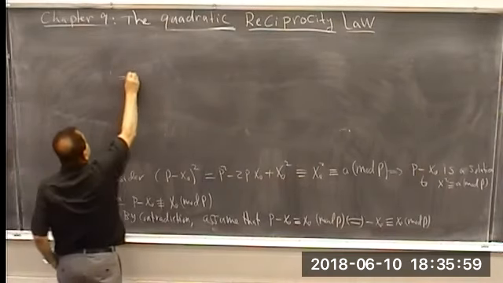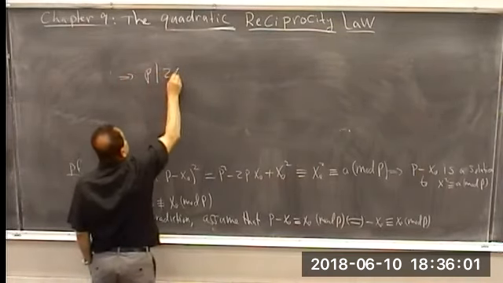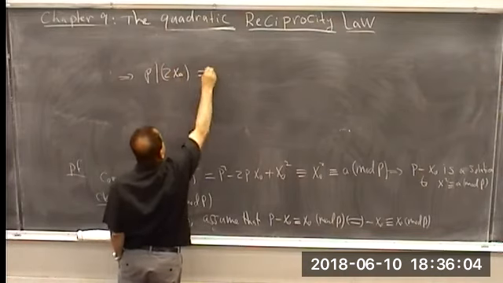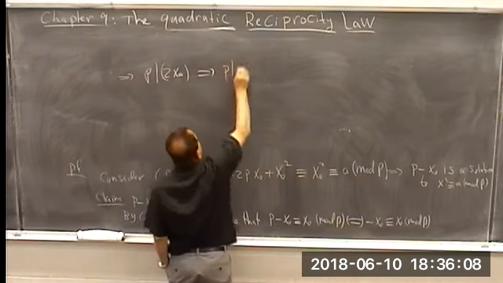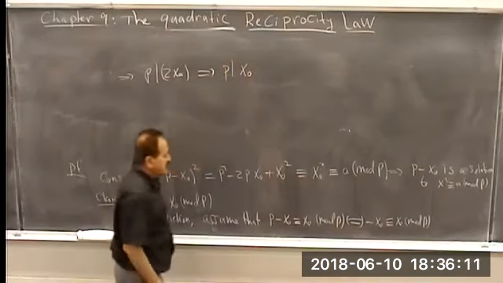So that implies that p divides 2x sub 0, and since p is odd, we have p divides x sub 0.